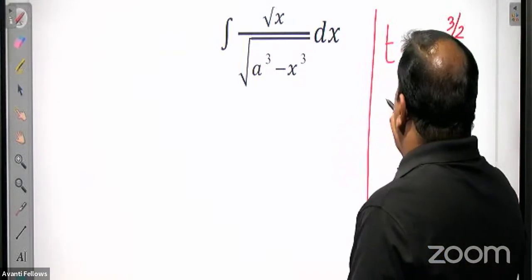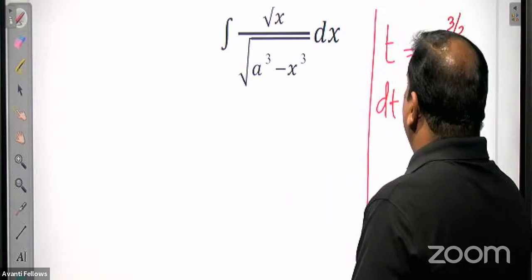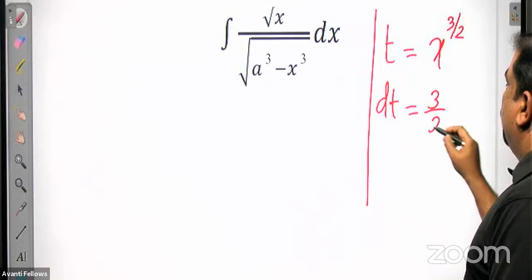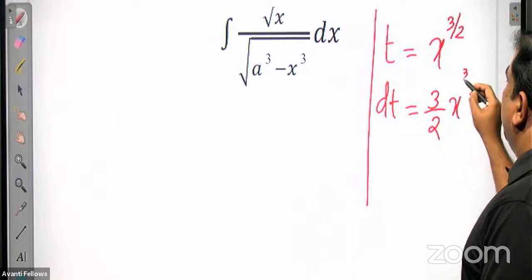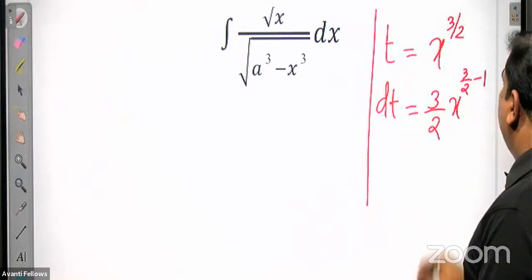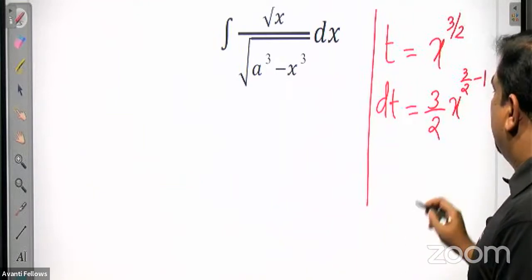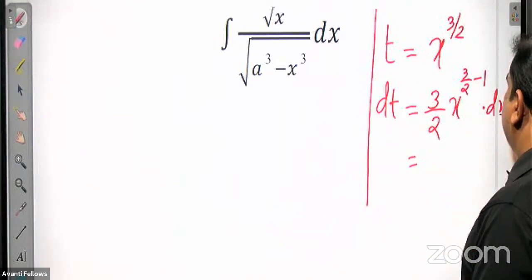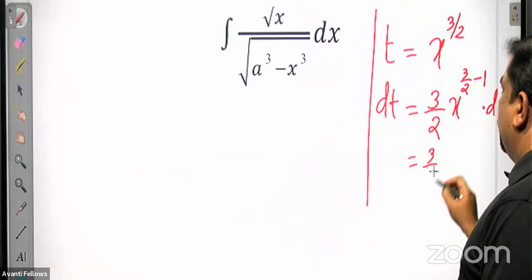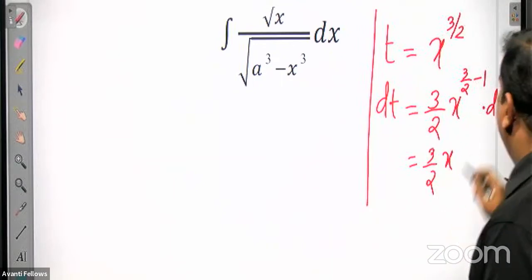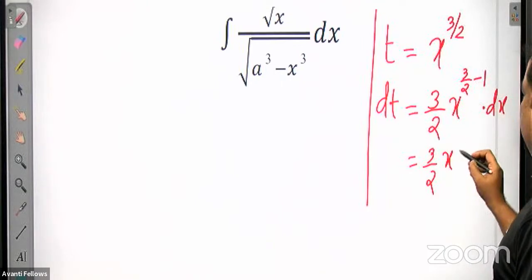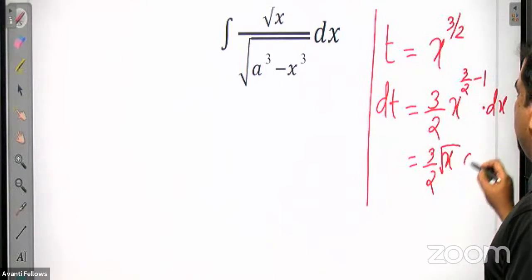If you take the derivative, dt is equal to 3 by 2 into x raised to 3 by 2 minus 1, that is dt by dx into dx. 3 by 2 minus 1 means x raised to 1 by 2, that is root x.